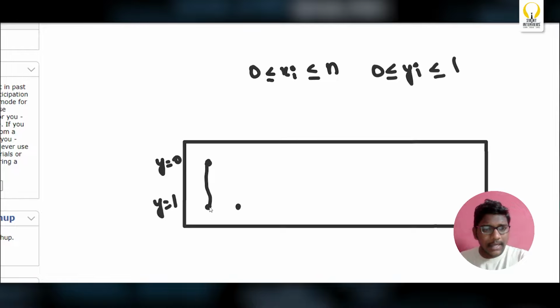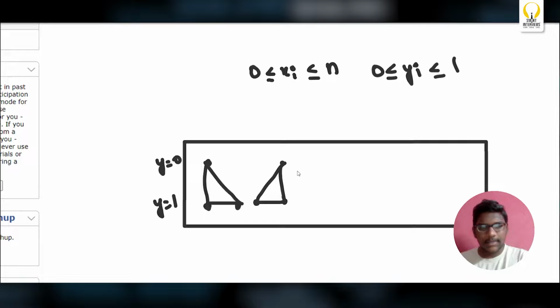You can form the triangle in this way, but this is not the only way. Two points at non-zero and one point at zero can form a triangle. Also you can consider this way: again, two points on y equal to 1 and one other point on y equal to 0.